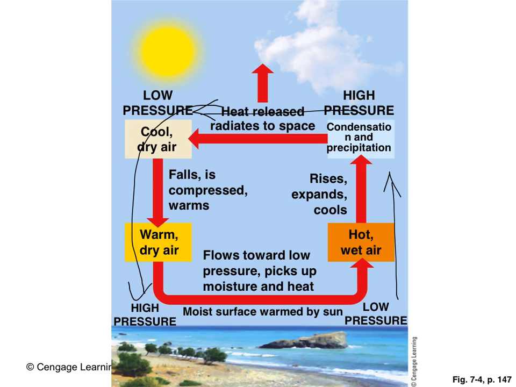Now that's actually going to drive different biomes that we'll take a look at in the second part of this chapter. So once again, we get hot, moist air like in the equatorial regions rising up. As it rises up, it cools, it condenses. That's why they have so much precipitation in the jungles. Then it is dry, it is cool, and it will descend onto the earth.